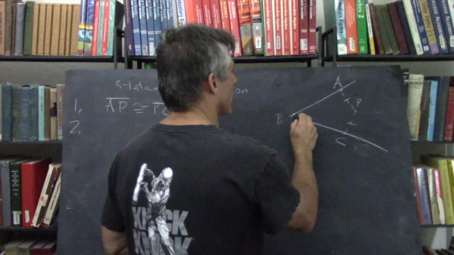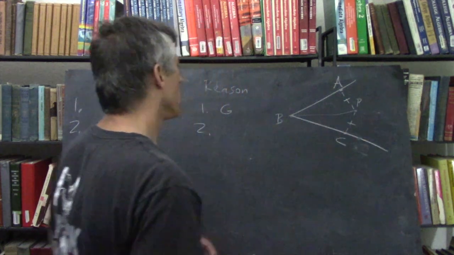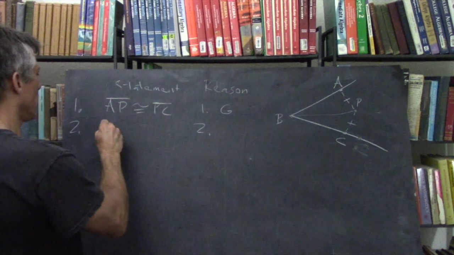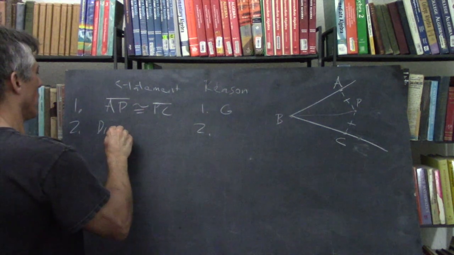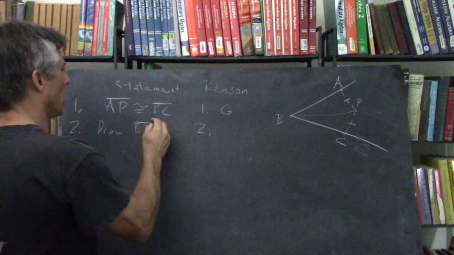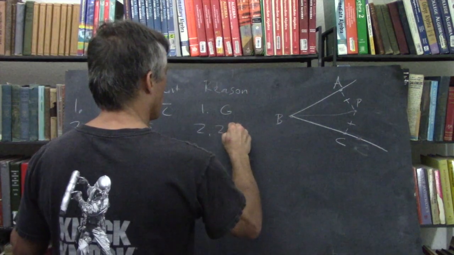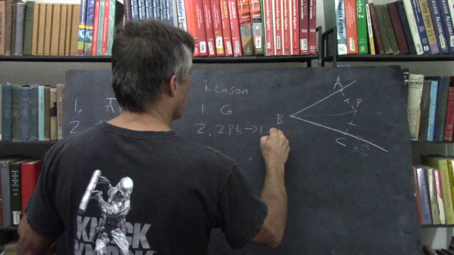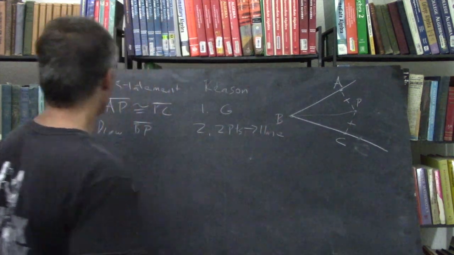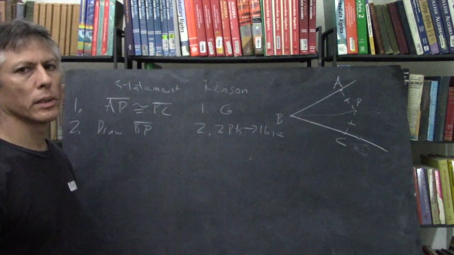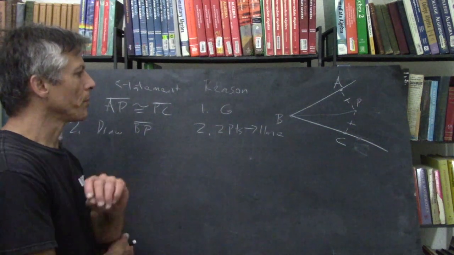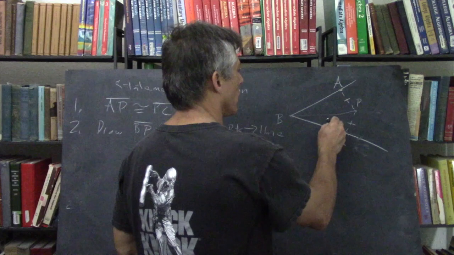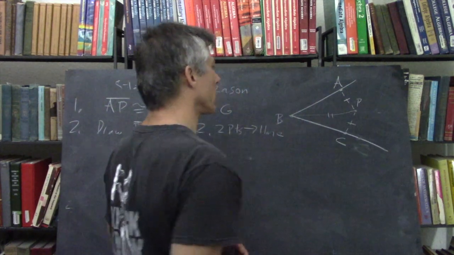We'll draw an auxiliary line right here. So draw in BP. We can draw BP because two points determine one line. It's one of our postulates. So that's congruent to itself.